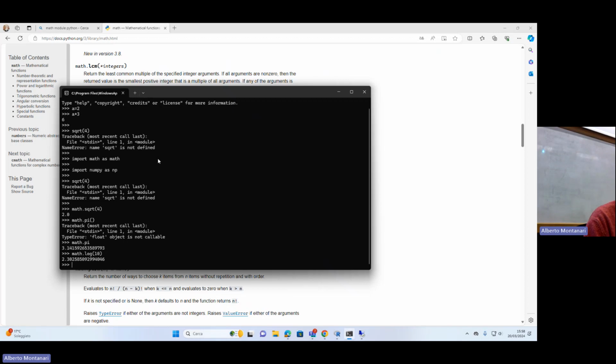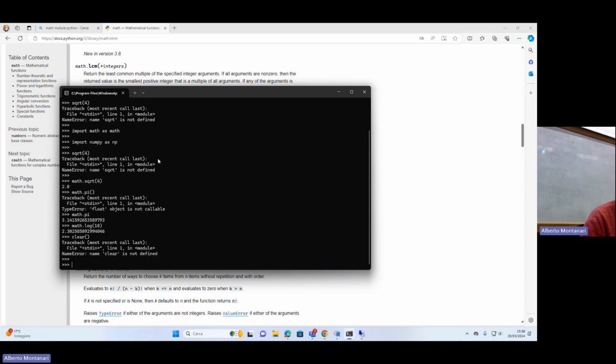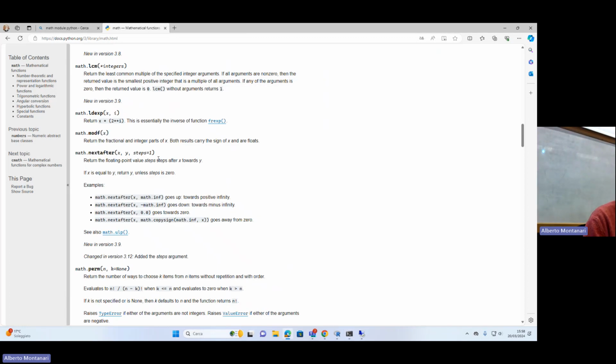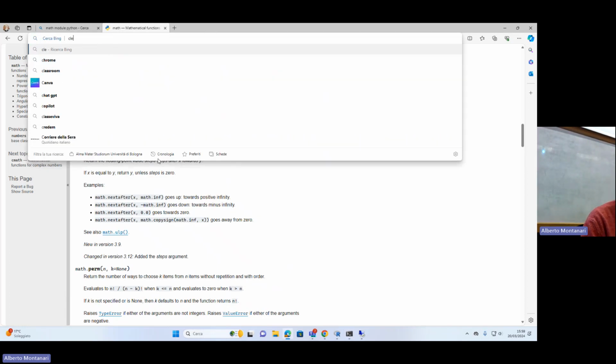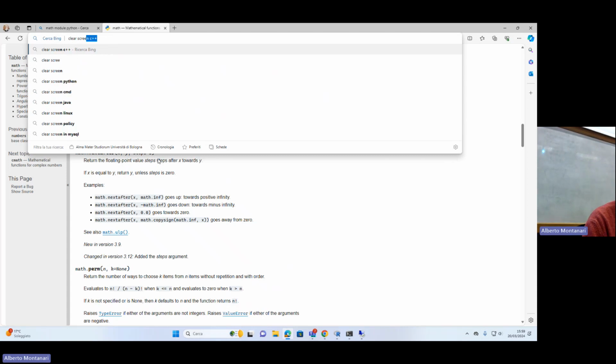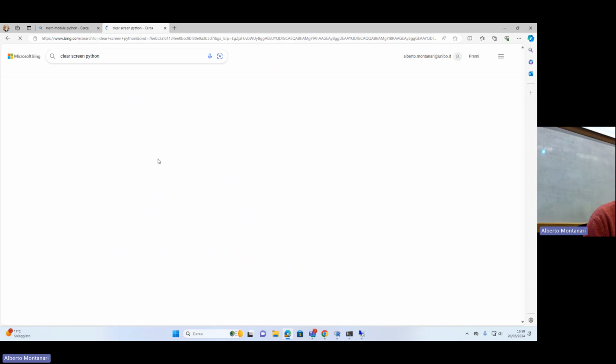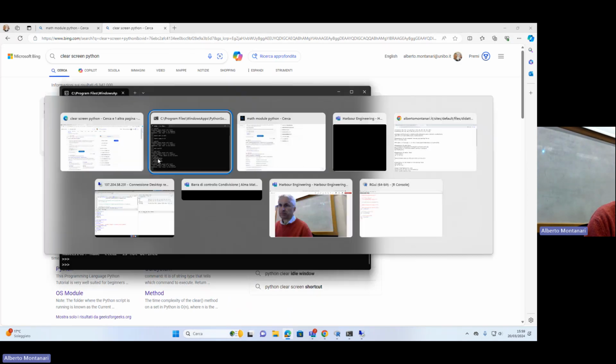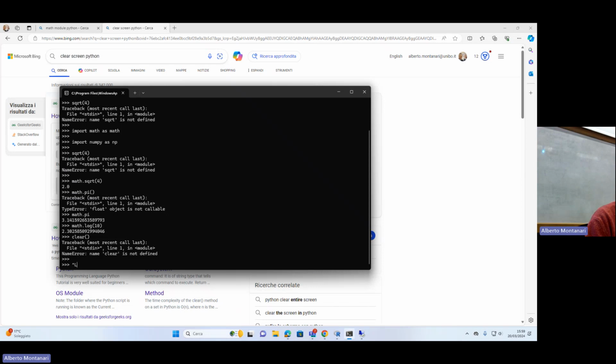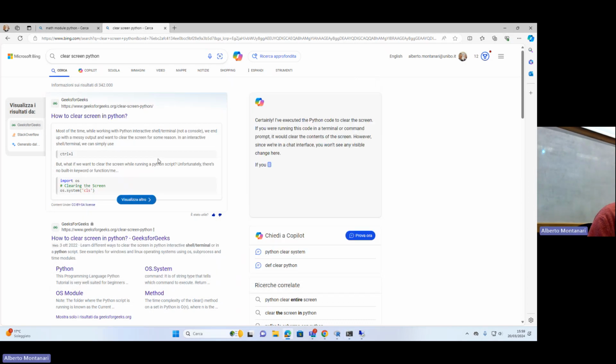I'm just checking how to clear the screen. Let's see, clear. No, okay. I want to clear the screen. Control L, but I tried with Control L and I couldn't get anything. Okay, let's see.